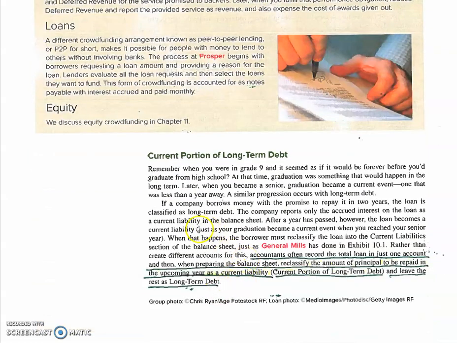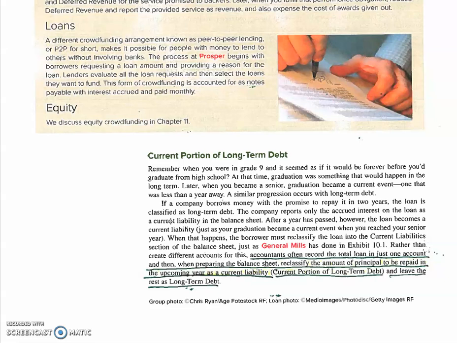Current portion of long-term debt. Now, if you have long-term debt, let's say you're buying a car and you sign a 6-year note, then if you're recording that in your books, you're providing financial statements, you may want to say, well, I've got this debt.